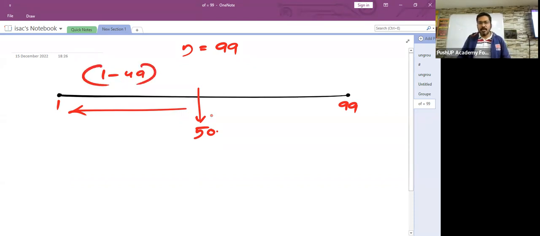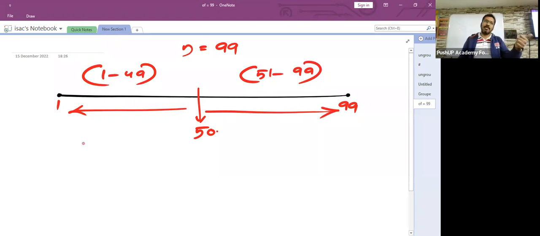Towards the right hand side of 50, those numbers are 51 to 99. Are we having 49 numbers on the left hand side? Are we having 49 numbers to the right hand side? Yes, we are having it. So we can say 50 is that number which comes exactly in the middle, isn't it?